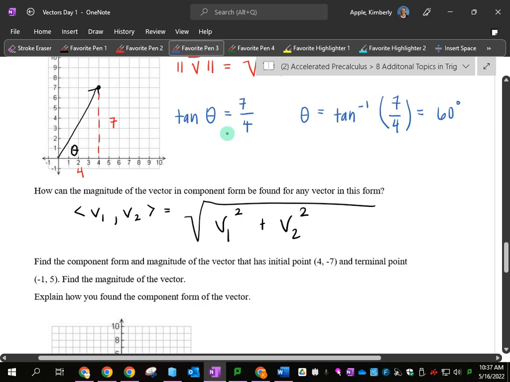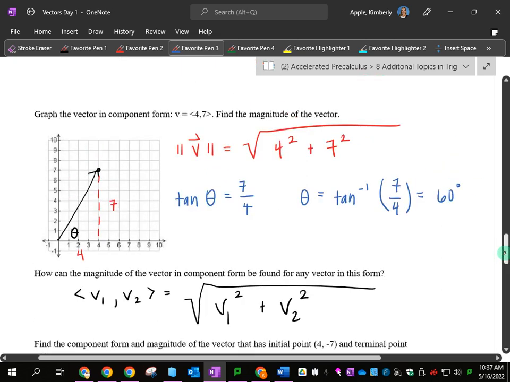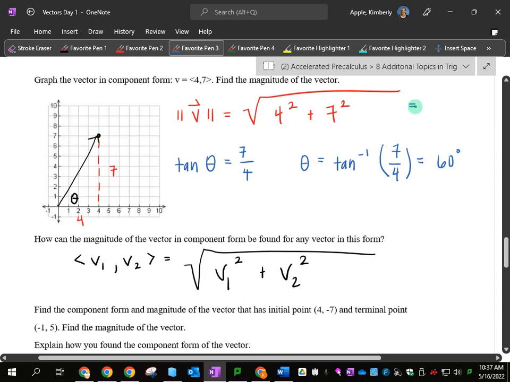So the magnitude of the vector, we found that. It'd be 4 squared plus 7 squared, so the magnitude is root 65, and the direction is 60 degrees.